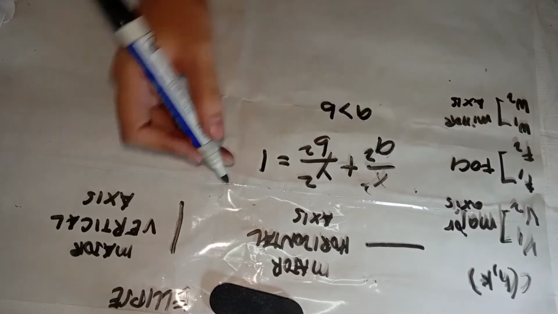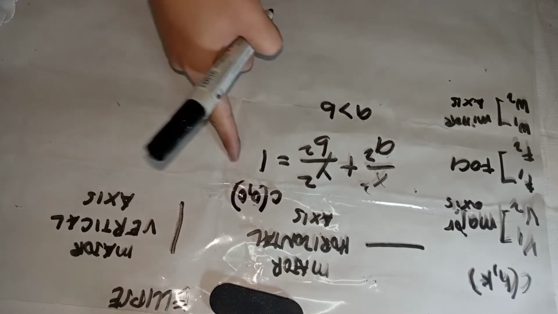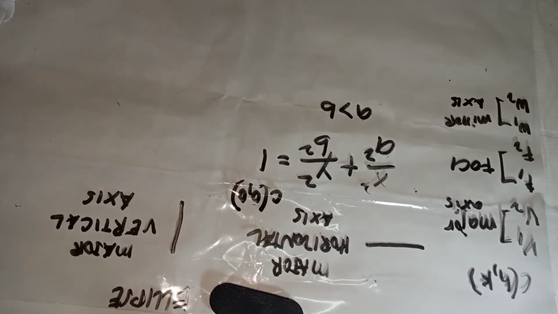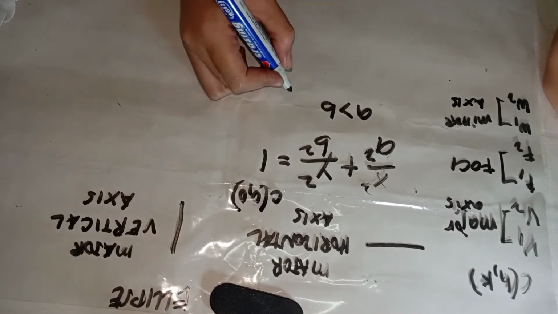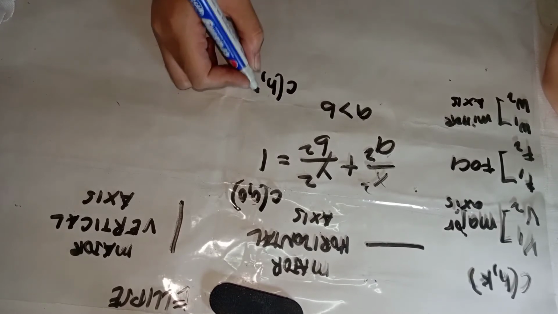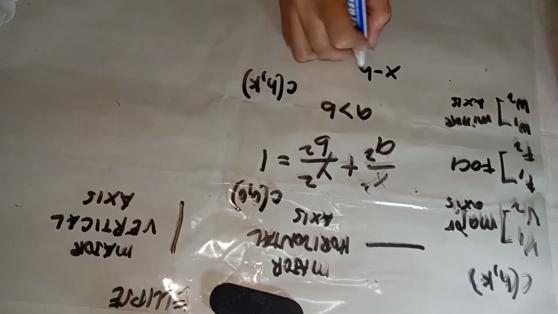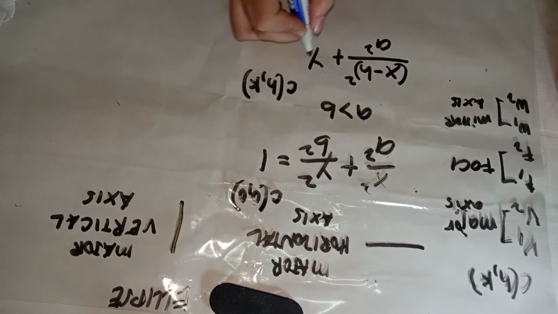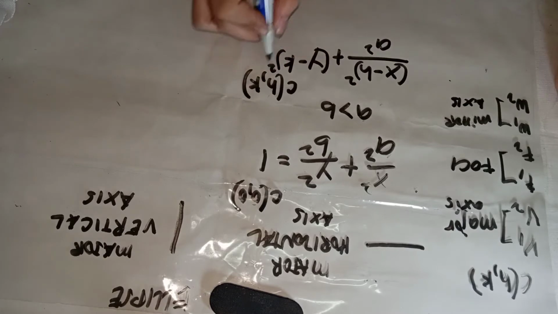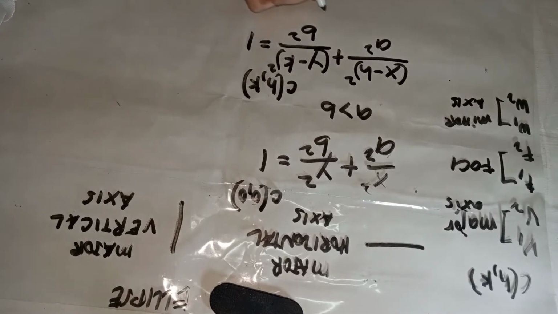So in this formula, the center is at 0, comma 0, or it is in the origin. Okay? How about if the center is located at h, comma k? So the formula is x minus h squared over a squared plus y minus k squared over b squared is equals to 1. Okay, again, where a is greater than b.